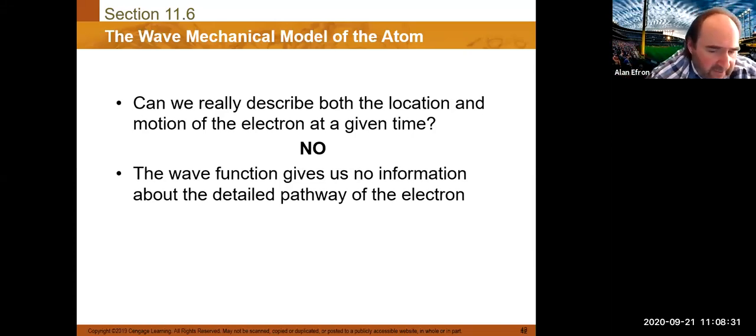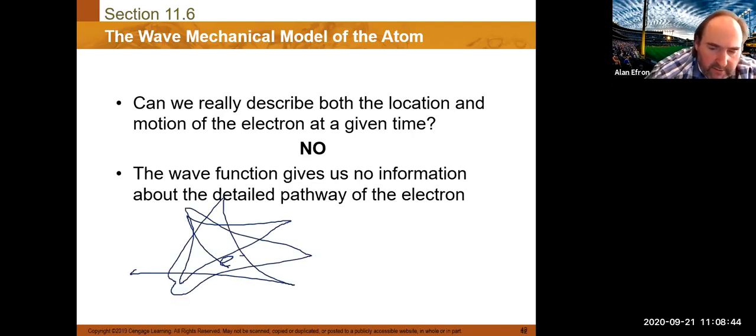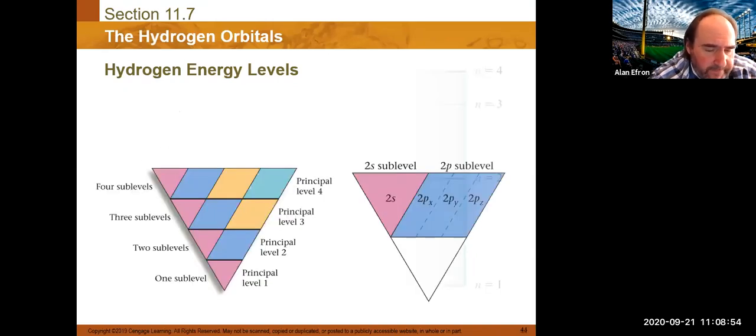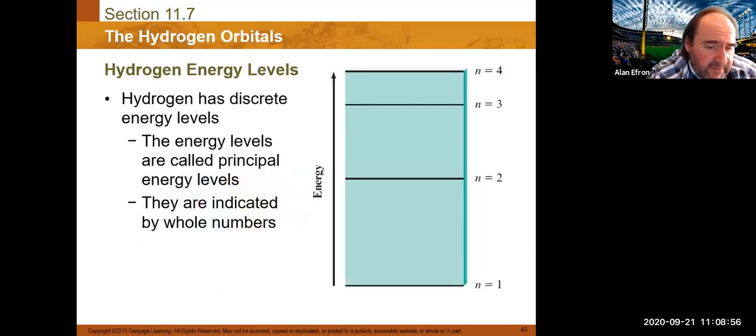That's the wave function, and Heisenberg's uncertainty principle gives us no detailed information about its pathway. That's why we often think about electrons in a random pattern around the nucleus, not really sure exactly where it is or how it's moving at any given point in time. The more you know about one aspect, the less you know about the other.